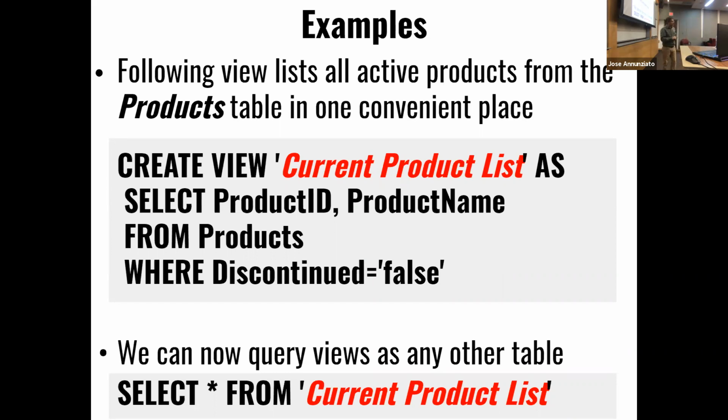Now I can treat this table, it's not a real table, but wherever I can use a table, I can now use this query. Notice that I deliberately put spaces in there, right? This is not a real table, okay? But you can still use it if you put quotes around it, right?